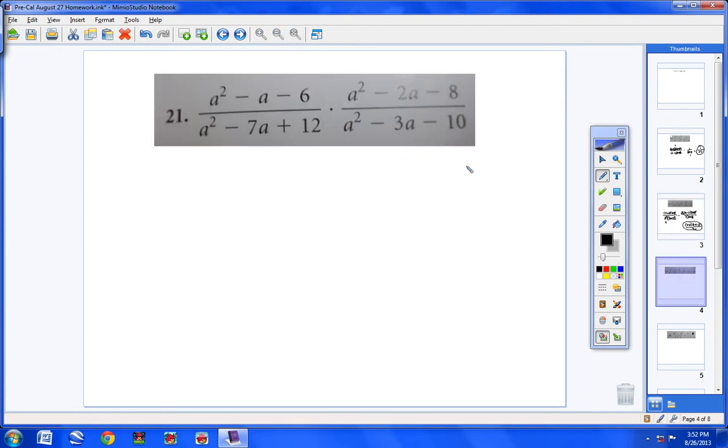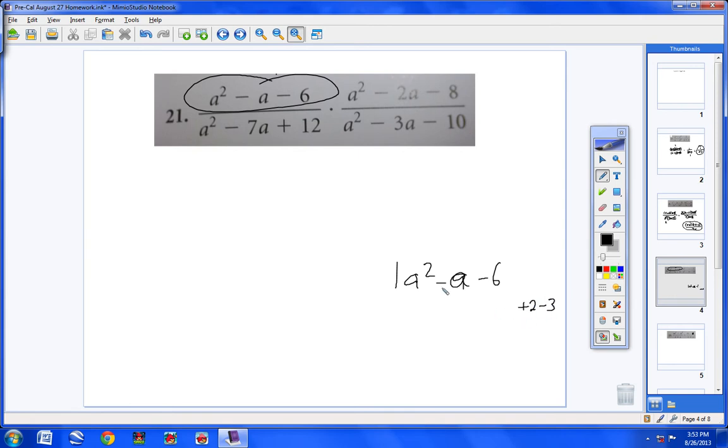Okay, step 1, we always do our factoring first, so I'm going to start with this part right there, and that would be a squared minus a minus 6. There's nothing you can pull out that's common. We have a trinomial with a lead coefficient of 1. So if I listed out all the multiples of negative 6, I would want to use this group right here because a positive 2 times a negative 3 is a negative 6.